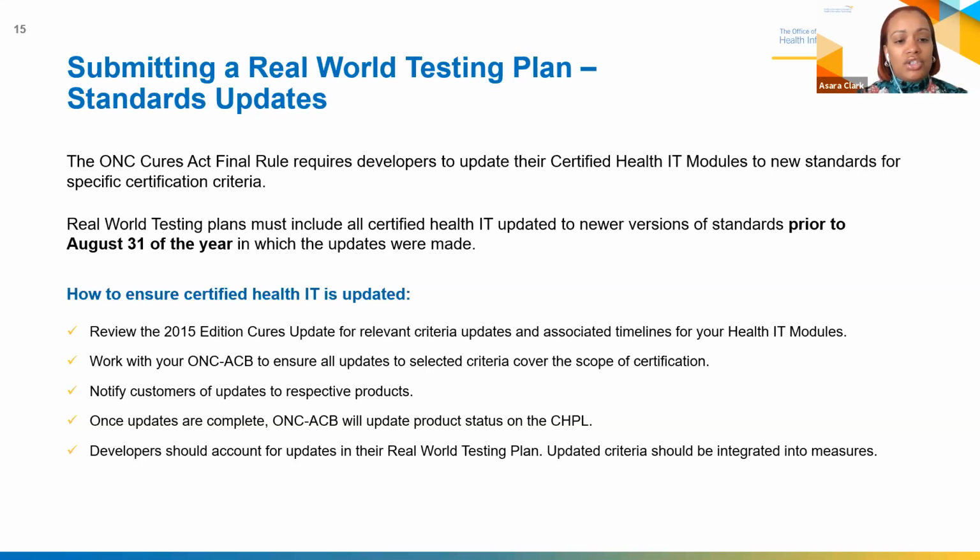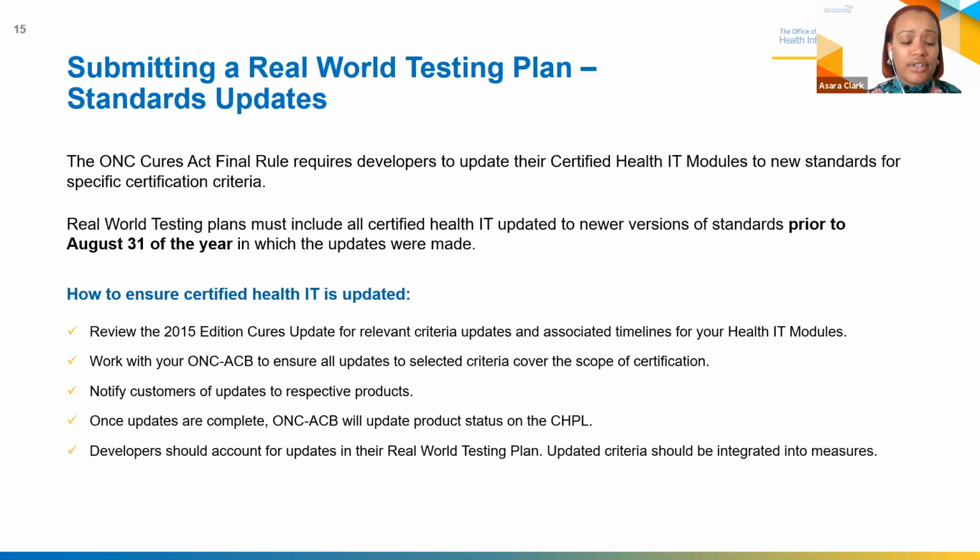All right, so how you want to ensure that your certified health IT is updated: you want to review that it's updated to the required standards updates for specific certification criteria. You want to review the 2015 edition Cures Act for relevant criteria updates and associated timelines.